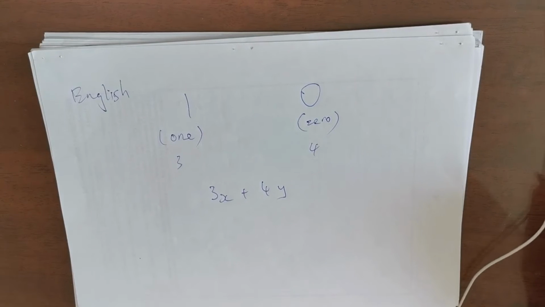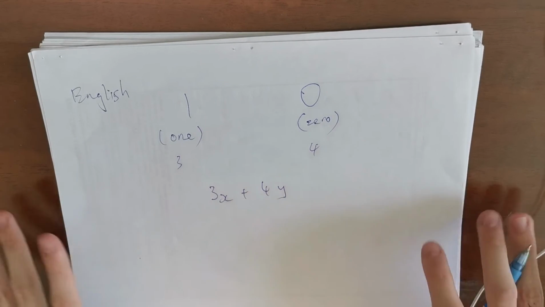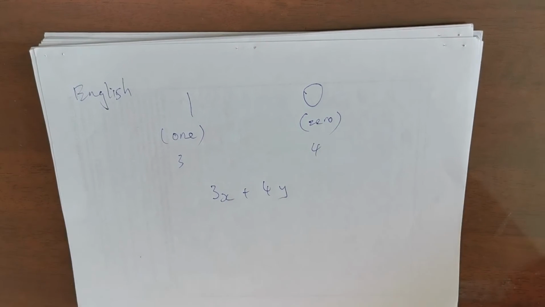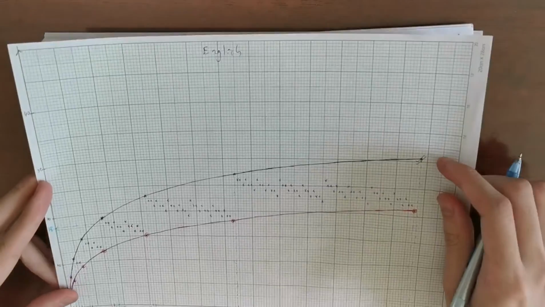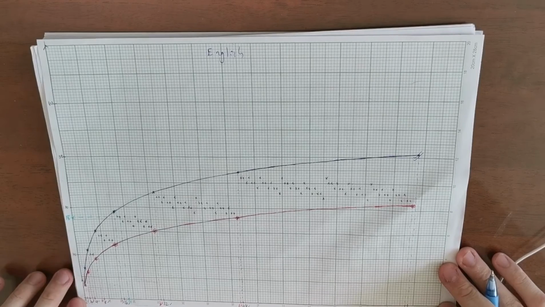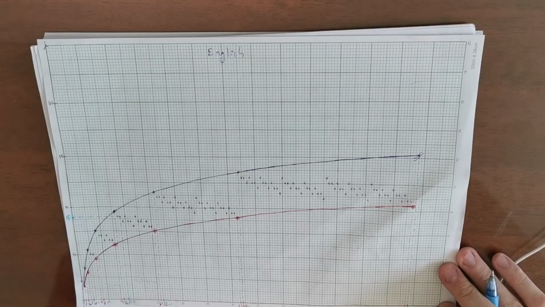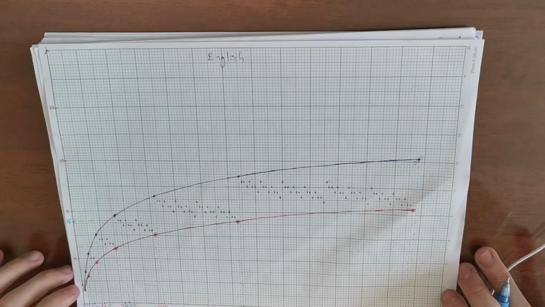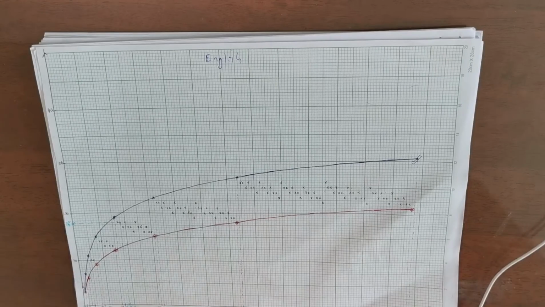Okay, and here I plotted the graph. The x-axis is the number in decimal value, and the y-axis is the sum of the total number of letters of the binary form.